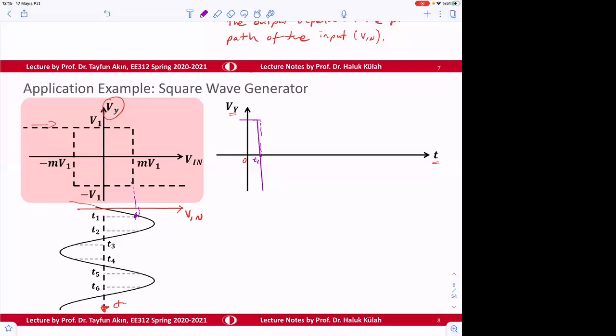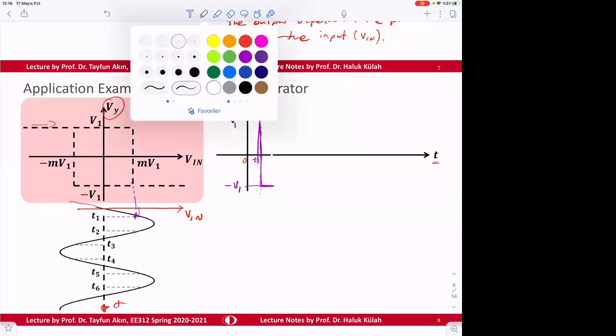And then with T1, the output switches to, oops. Why is it doing that? Interesting. It goes to here, minus V1. This is V1. Okay. And then that's T1. For T2, it will not be switching at all. So let's say this is T2.